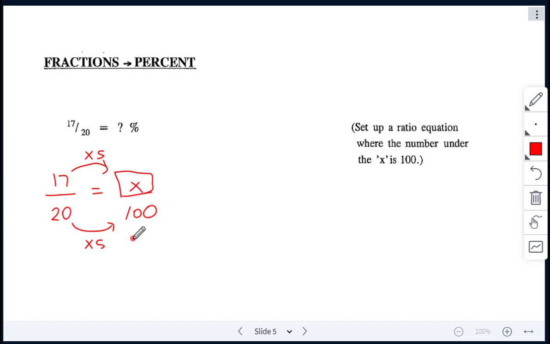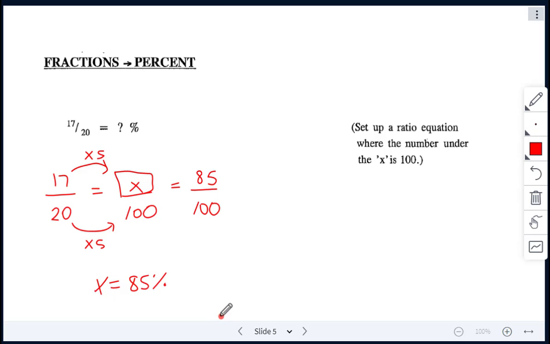All right, so 17 times 5 is 85. So therefore this becomes 85 over 100, which is 85%. So x is equal to 85%. So that was done doing equivalent fractions, but it won't always work.